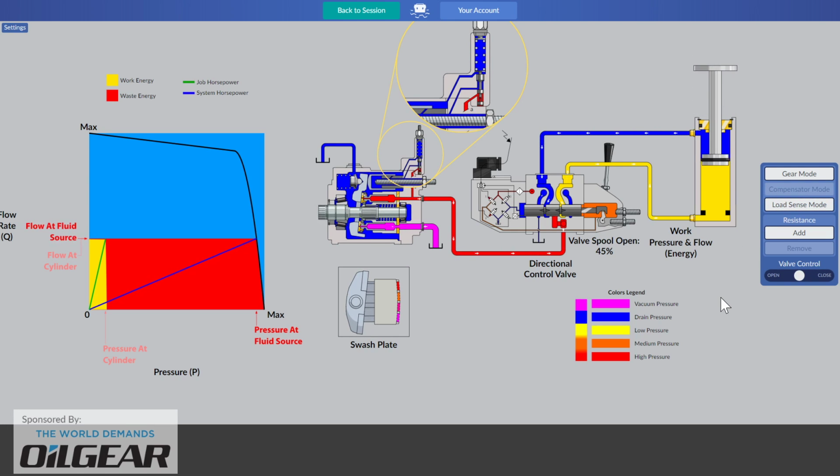With a compensated pump, yes, with the proportional valve only partially open, that is still going to trigger the pressure compensator, which will now put us in true variable displacement mode. We're at an operating point in the active region. This graph should look familiar to you.